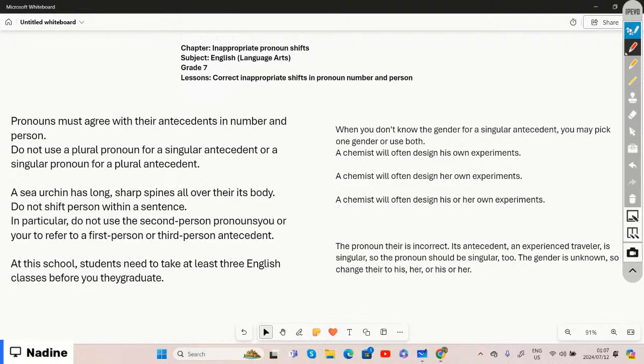So once again, pronouns need to agree with the antecedents in number as well as in person.